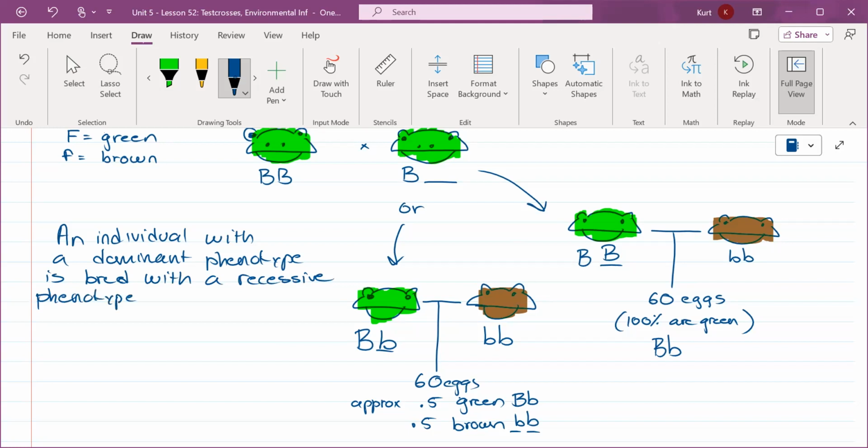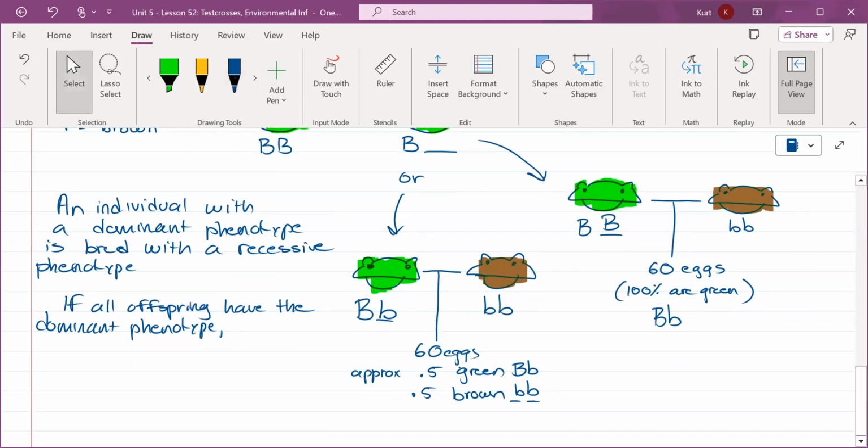If all offspring have the dominant phenotype, what could you conclude about the parent with the dominant phenotype?